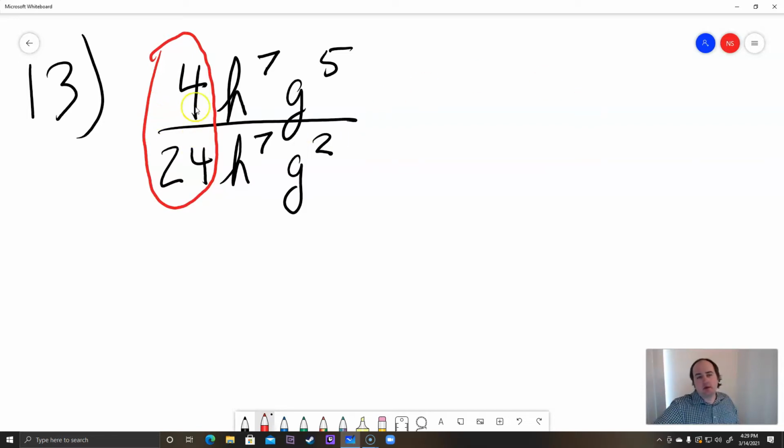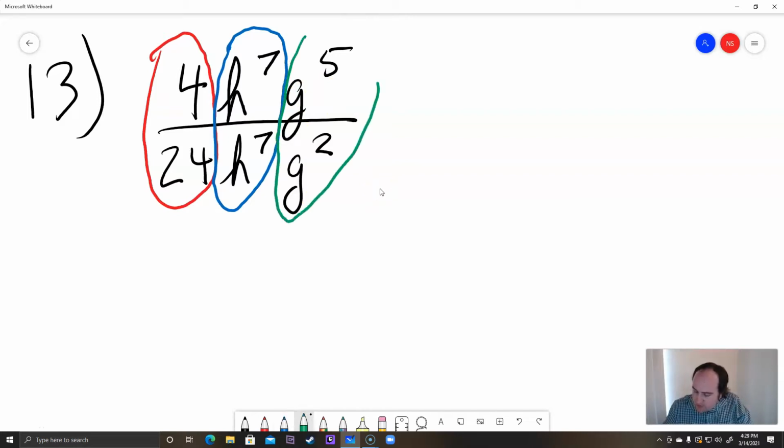The 4 and the 24 are the same because they're both constants. The h to the 7, those are like factors because they have the same variable. And the last one would be the g to the fifth and the g squared. Those are also like factors because they have the same variable. So I circled those three different things that we're going to be focusing on.